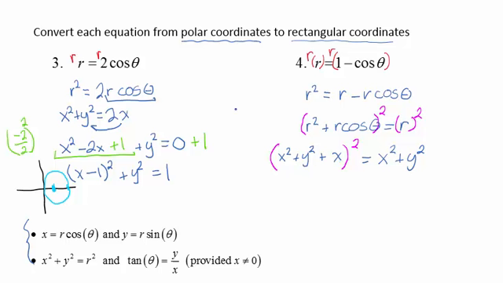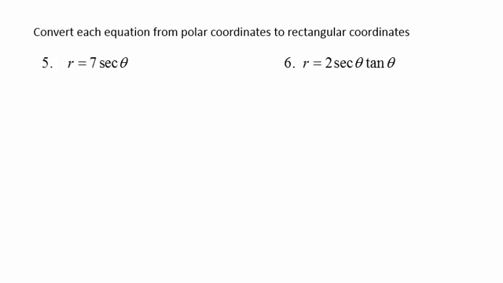I don't recognize what this equation is in the xy plane, but it is an equation in the rectangular coordinate system. Let's look at just two more examples. For our last two examples, let's convert each of these equations from polar coordinates to rectangular coordinates.